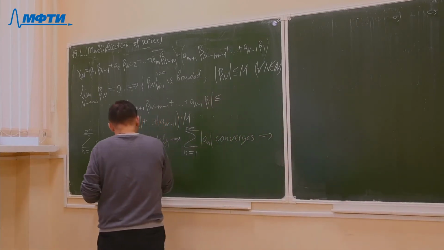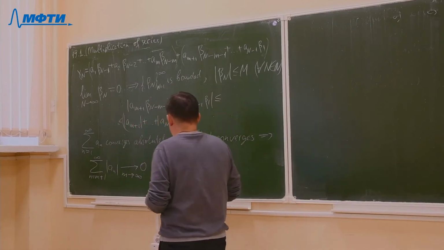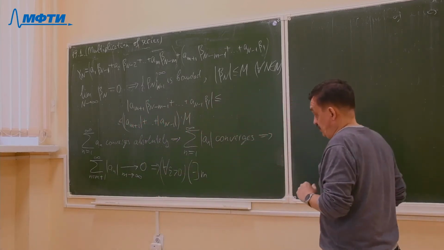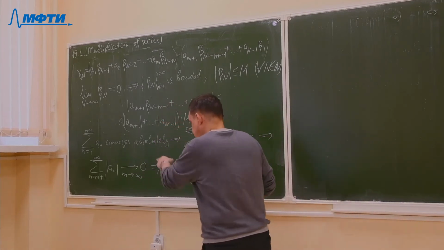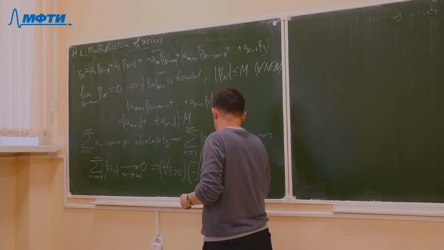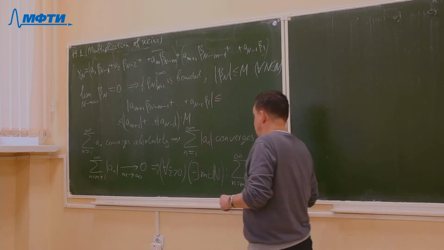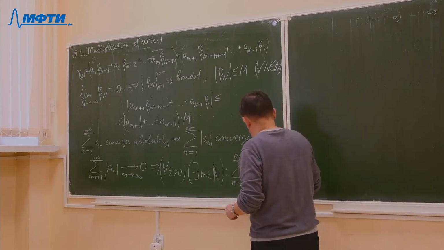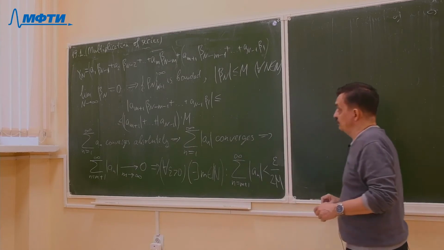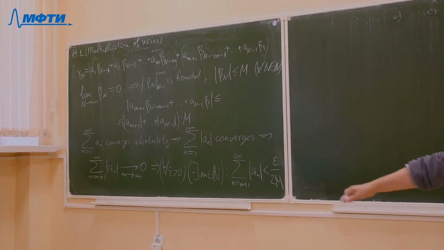Hence, for arbitrary epsilon greater than 0, there exists m. I can choose such an m, right? And I'll choose it such that this remainder is as small as we want, and I want it to be less than epsilon over 2 capital M. Remember, capital M is chosen just suitable for all members of the sequence of remainders beta n.